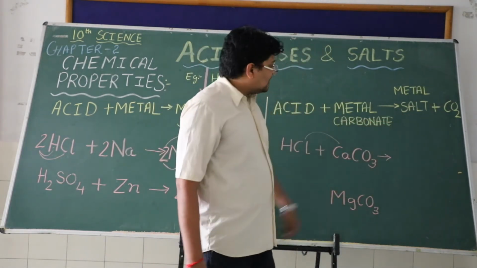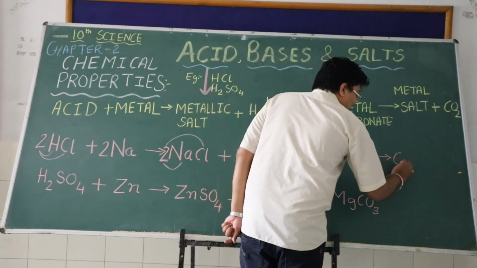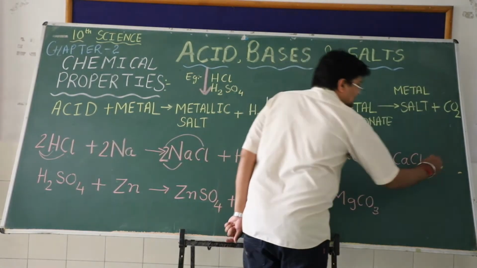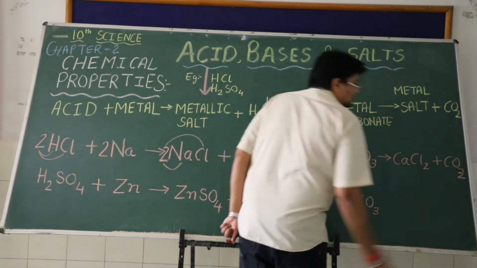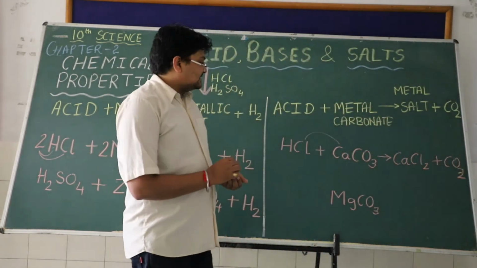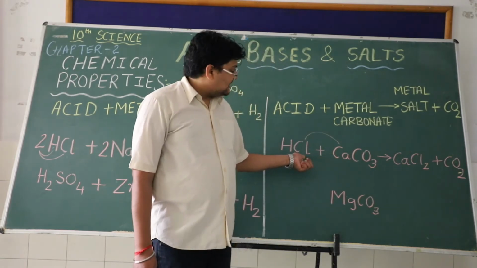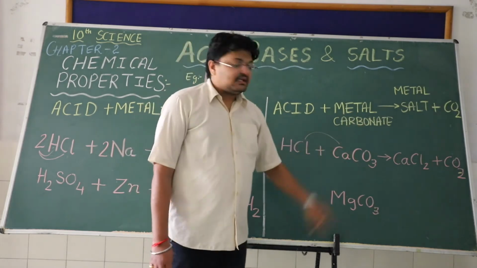It will form a metal salt and carbon dioxide gas will be liberated. So I will write over here metal salt and carbon dioxide will be evolved, CO2. Now let us see. Here Ca reacts with Cl and forms CaCl2, that is calcium chloride, and CO2 is removed.